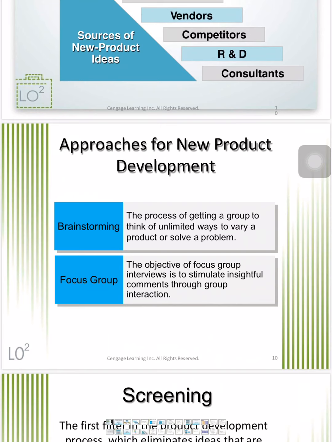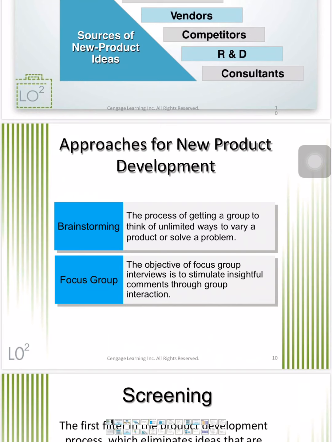Okay, so these are the approaches for new product development. The approach for new product development can be brainstorming or focus group. Brainstorming means the process of getting a group to think of unlimited ways to vary a product or solve a problem.